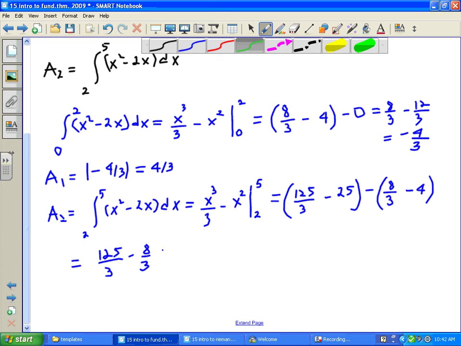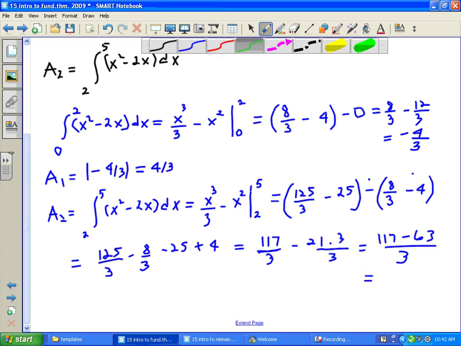And then the whole numbers are negative 25. And negative times negative is positive 4. So that's 1/17 minus 21. And again, getting common denominators, I get 117 minus 63 over 3. And for that, I got 54 thirds.